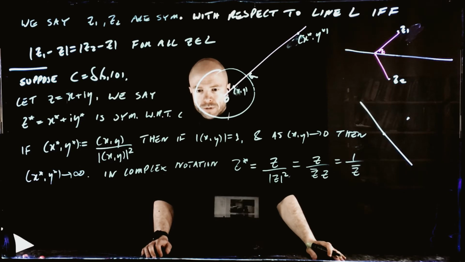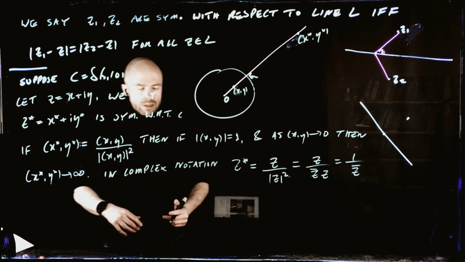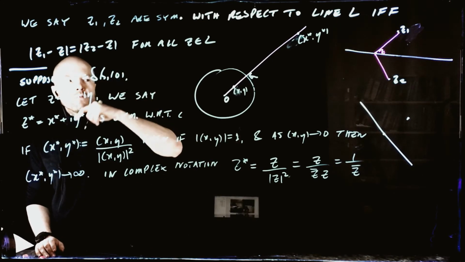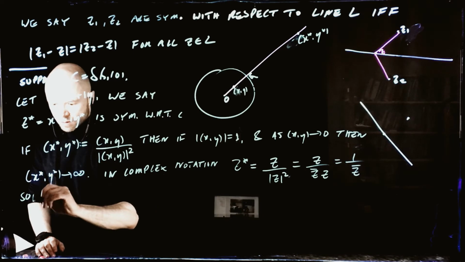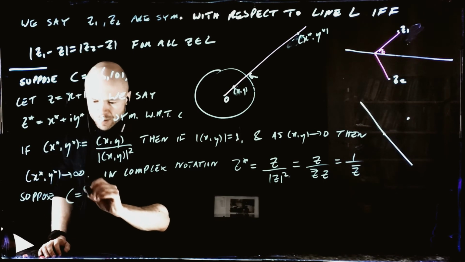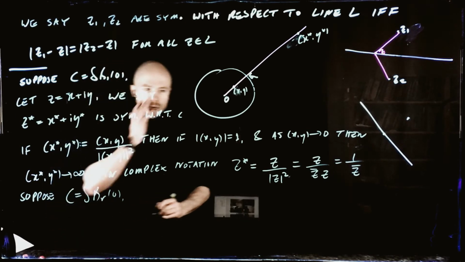Yeah? Cool. All right. Now, let us think about reflecting through something of radius r. So suppose that we have C is the ball of radius r around 0. Okay, and it's the same kind of game.